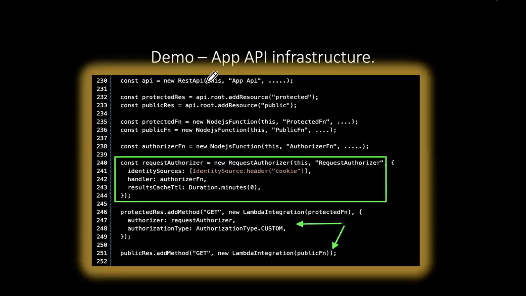Okay, so first of all, I'm just creating the RESTful web API. I am just creating some endpoints, which I've just called, one is protected and one is called root. So there are my two endpoints. Here, I'm just creating the two lambdas that will be the backend for these endpoints. I've collapsed the detail because they're not interesting.